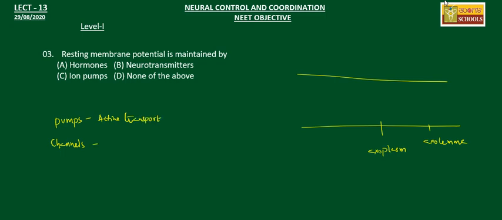Channels transport molecules down the gradient, so this is passive transport. It helps in movement of molecules from high to low concentration, whereas pumps help in transporting molecules from low to high concentration.